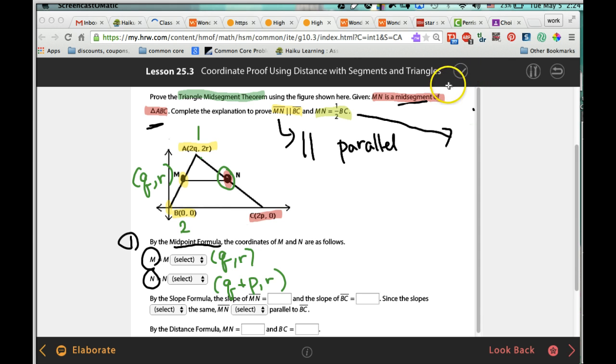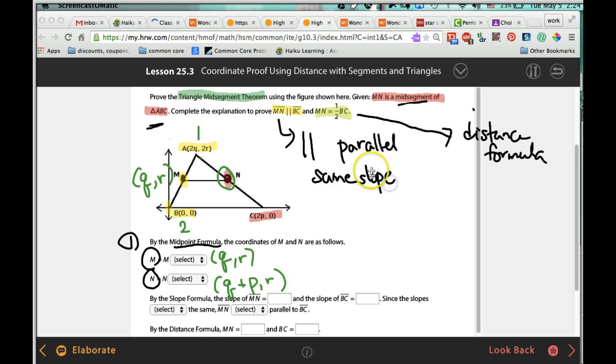We have to use the distance formula, so that way we can figure out how long BC is, how long MN is, and then we can see if MN is really only half of BC. Now, when these 2 are parallel to each other, what do we have to look for? Two parallel lines have the same slope.